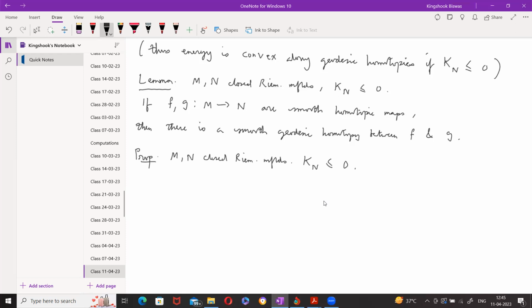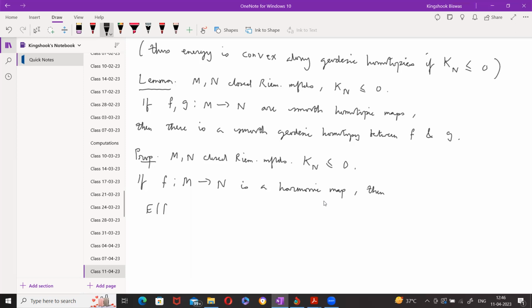Then if F from M to N is a harmonic map, then F has minimum energy in its homotopy class.